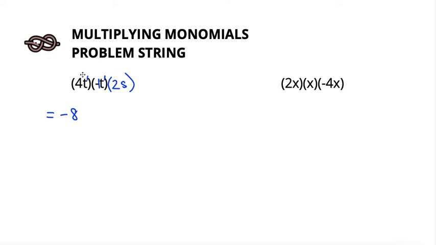So when I'm looking at my exponent laws, I can only use my exponent laws for the common bases. So I can only use my exponent laws with my t's. So 1 plus 1 gives me 2. And then I have that s at the end. So I can't combine the exponents for the t and the s because they are different variables. So this would be the answer for this question right here.